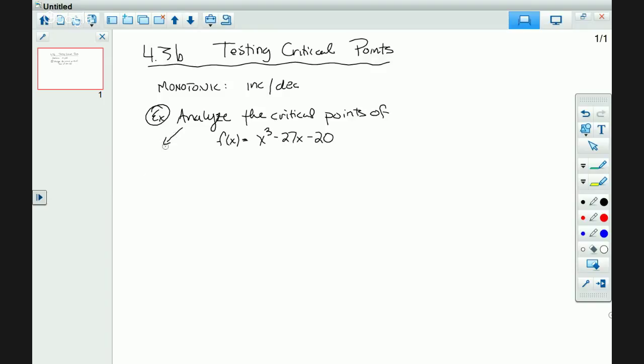The translation here is find the min and max. Okay, we're looking for the critical points. Are they a min or a max? That's the translation. This information will also give you increasing and decreasing behavior. So pretty much everything gets contained in this one problem.